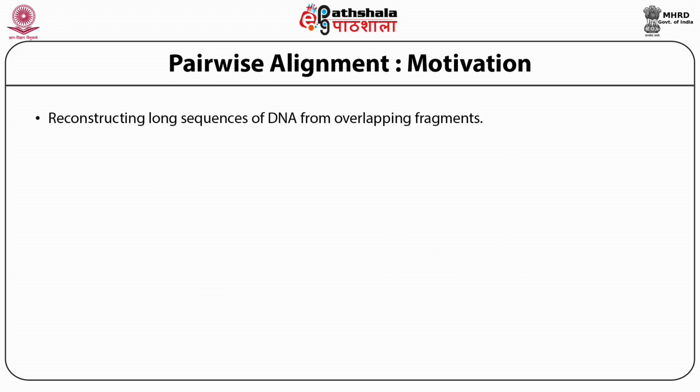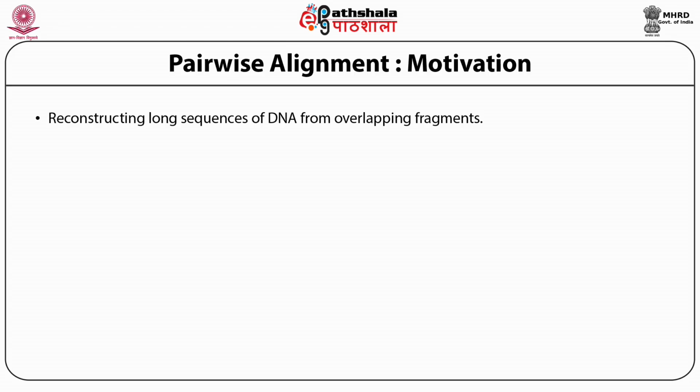So, the first thing which we are going to talk about is aligning a pair of two sequences, maybe of DNAs or proteins, just two of them, and the methods for doing so. Now, why does one have to align sequences?